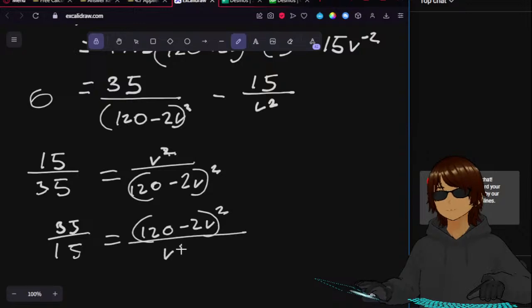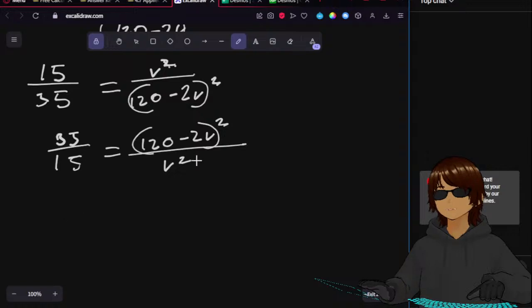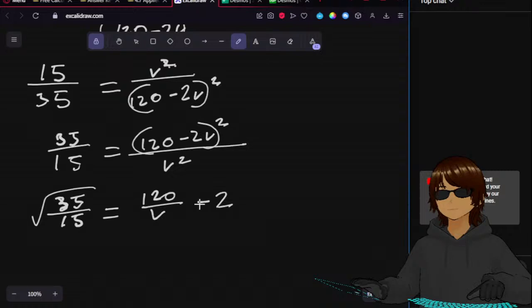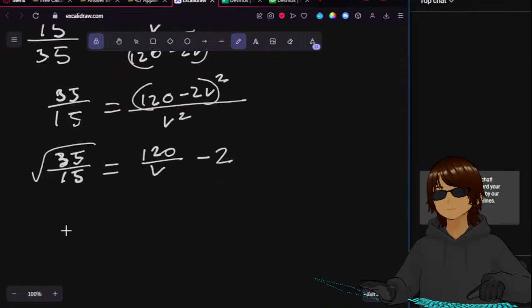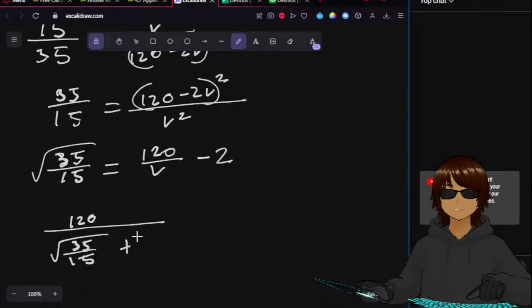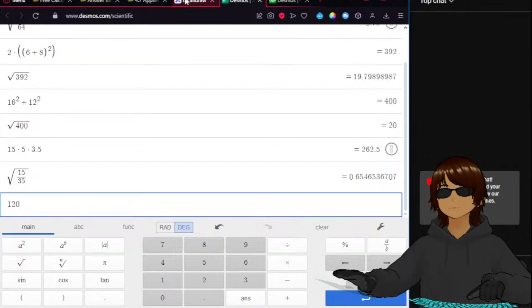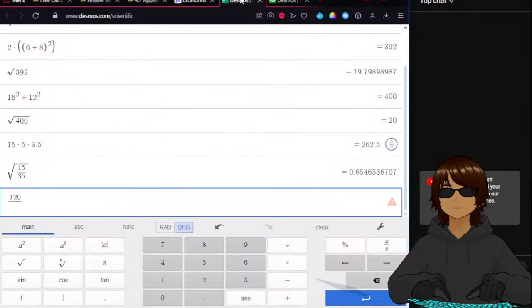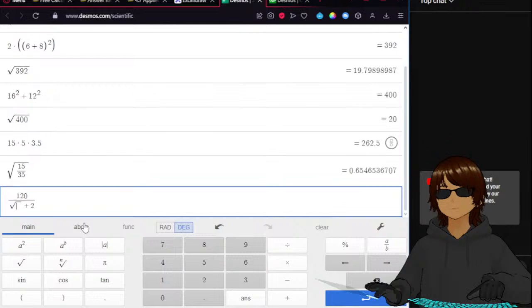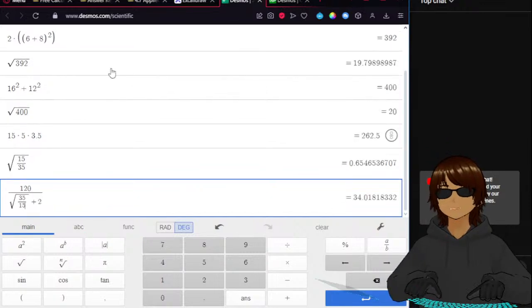Square over v square. And then since the whole thing is square, we can just do like this, 35, 15, and then 120 divided by, this better be correct, 20 divided by plus 2. 34.